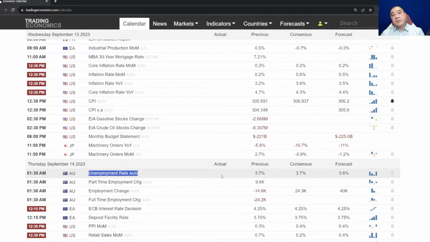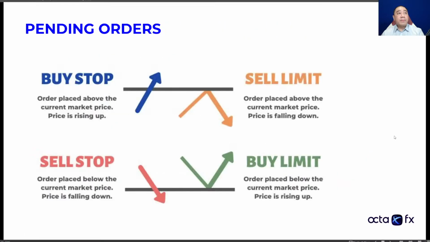Sometimes when you filter it, it might say that it's important, but in actuality, it's not. The unemployment rate, listed as medium impact, by context this week is actually going to be important. Okay, so that's news trading. That's the calendar that you need to take a look at. All right, let's talk about the order types.